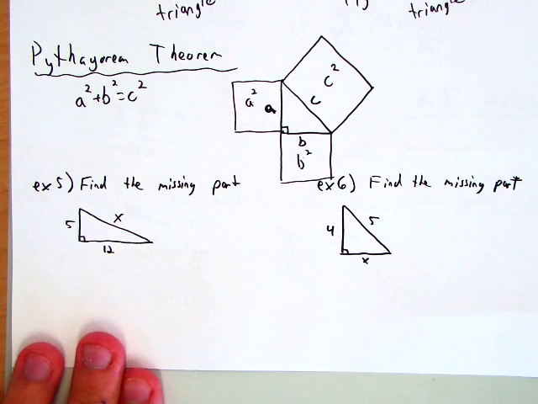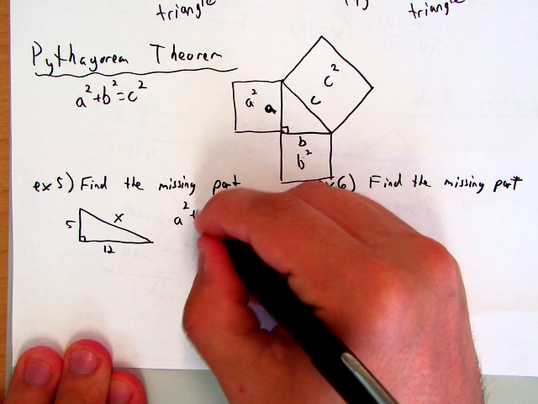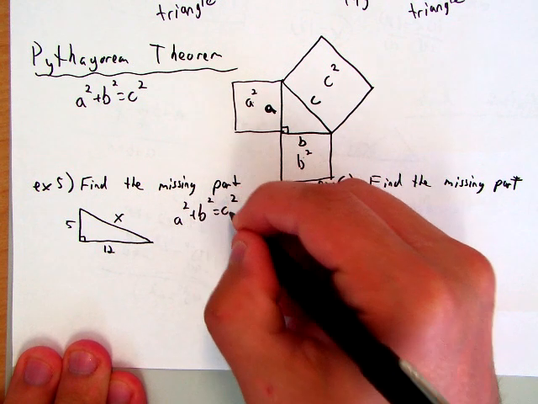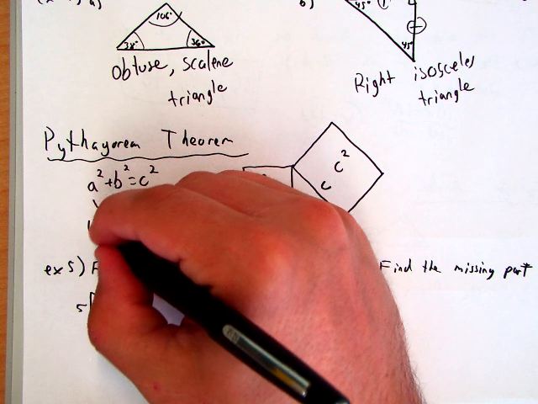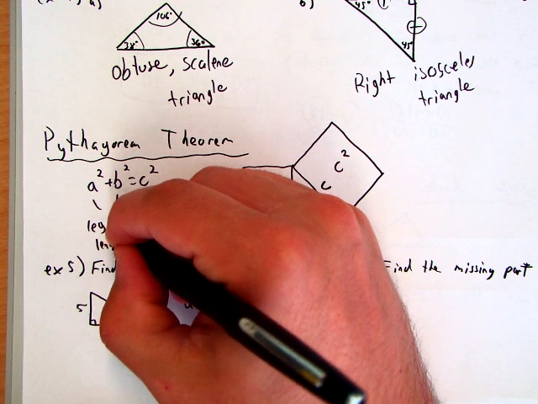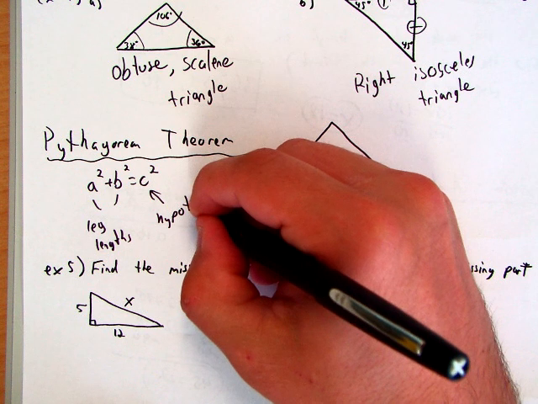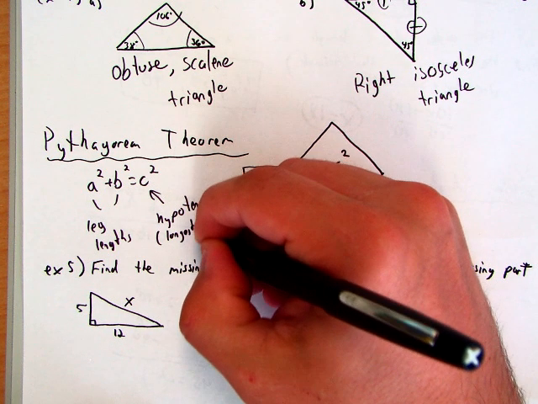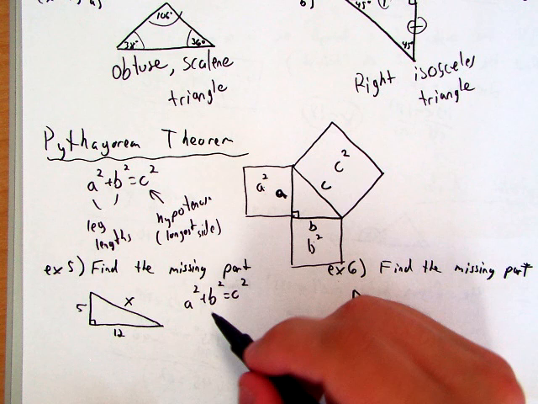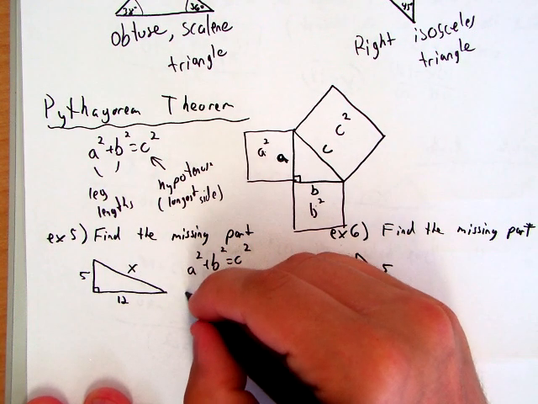So let's look at example 5. Find the missing part. So always write down the formula. A and B are the lengths of the leg, so these are leg lengths. And C is the hypotenuse. And the hypotenuse is the longest side. So A and B are the leg lengths, which would be 5 and 12.